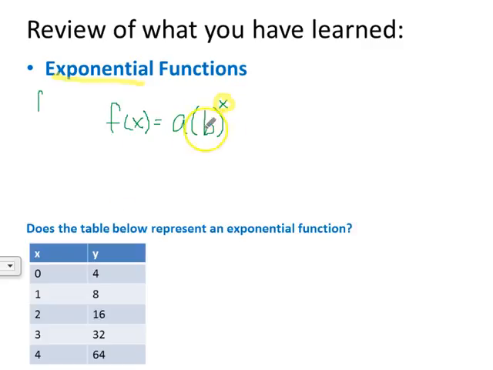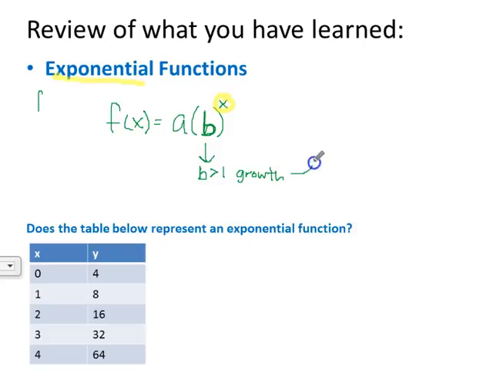This b term right here represents if we're going to have exponential growth or decay. And how we know that is if the letter b is greater than 1, when we've got a number instead of the letter b, if that is greater than 1, then that equation would show exponential growth.